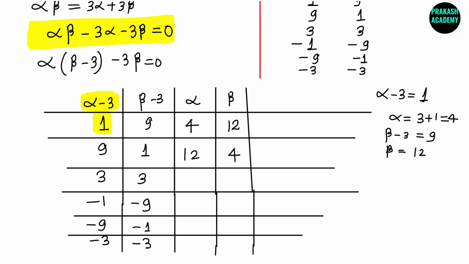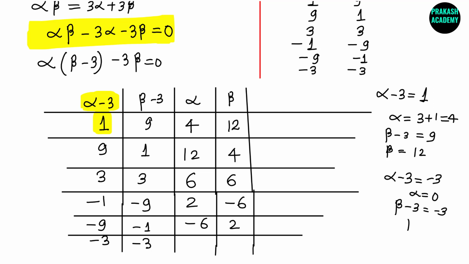Similarly, in this case 3 plus 3 is 6, and this is also 3 plus 3 is 6. Here you will have 2 and minus 6, and minus 6 and 2. You can verify yourself. Alpha minus 3 is equal to minus 3, this means alpha is equal to 0. Beta minus 3 is equal to minus 3, this means beta is equal to 0. So this is 0, 0.